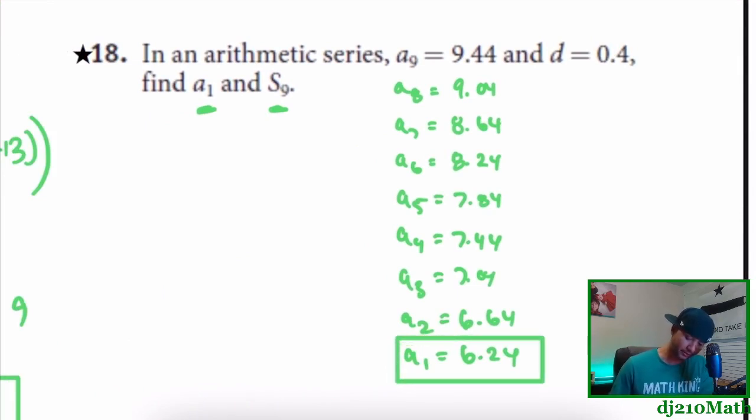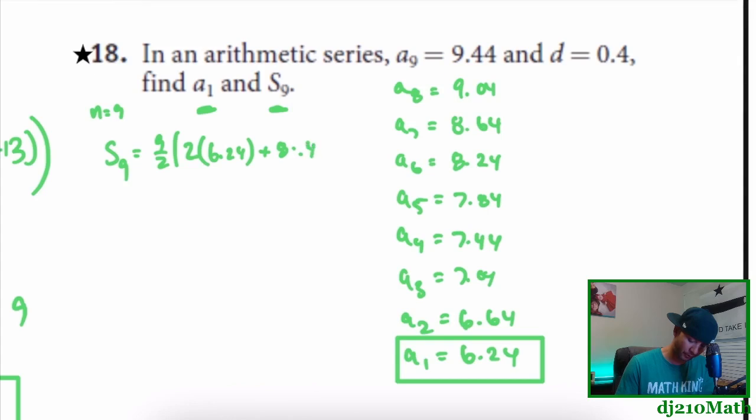So now, finding S sub 9, where n is equal to 9. So 9/2 times 2 times 6.24 plus n minus 1, 8, times the difference of 0.4. Okay.